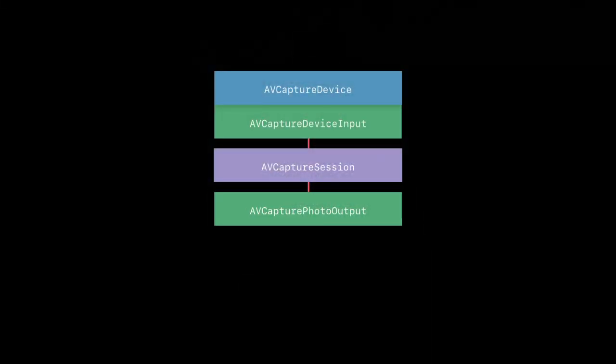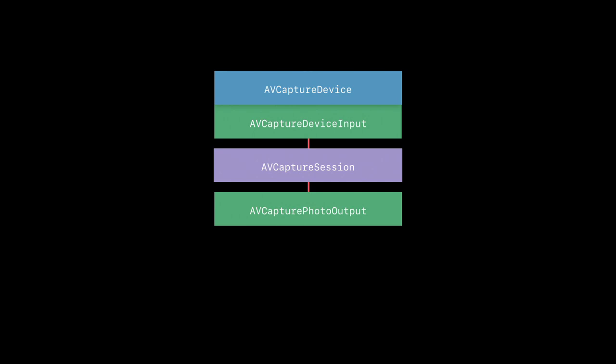All right. So Eric mentioned that AV Capture photo output added support for live photo movies encoded with HEVC. This class was introduced last year as the successor to AV Capture still image output. It excels at handling complex still image capture requests where you need multiple assets delivered over time.